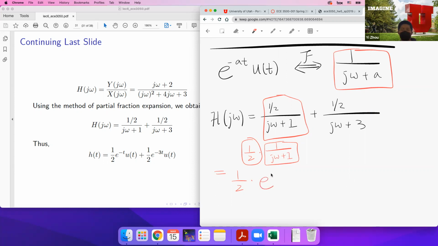So you have e to the negative t u(t). Okay, this is only the first fraction. For the second one, you do the same thing. You end up with 1/2, and now the small a equals 3. So you have e to the power of negative 3t u(t). And this is the system impulse response.